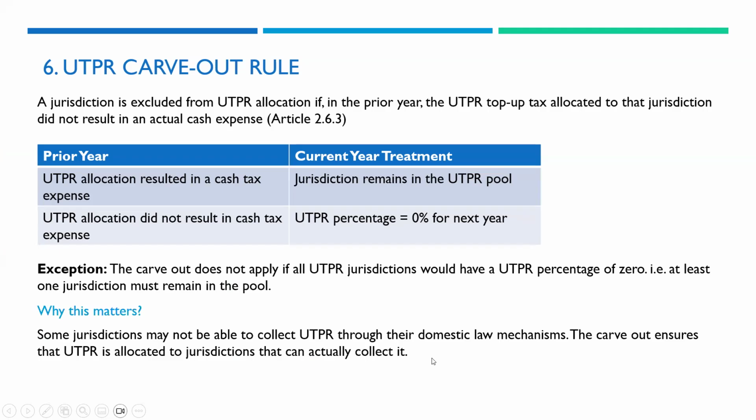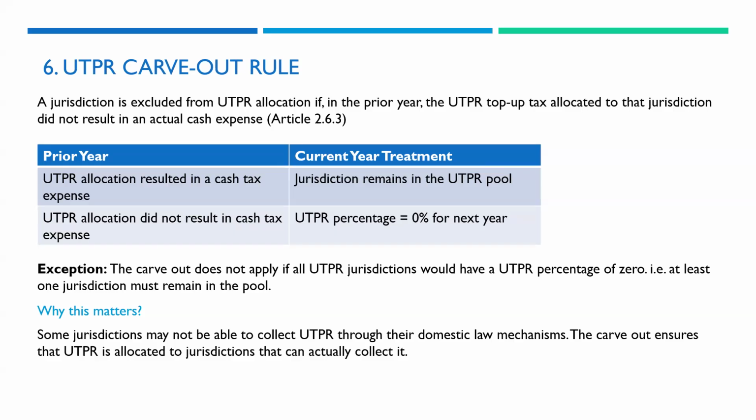So in order to avoid revenue loss due to domestic tax law mechanisms, what they have told us is, if in the current year you're not paying that in cash, or there is no cash tax expense happening to you, you're having a carry forward or you're doing something else, then you are excluded from the pool for the next year, so that the collection remains strong.